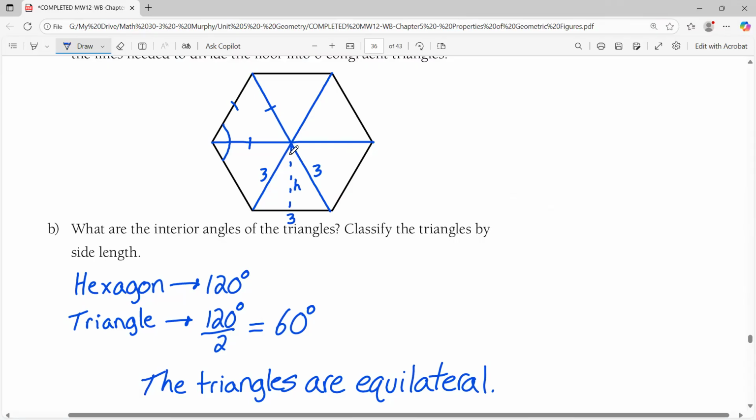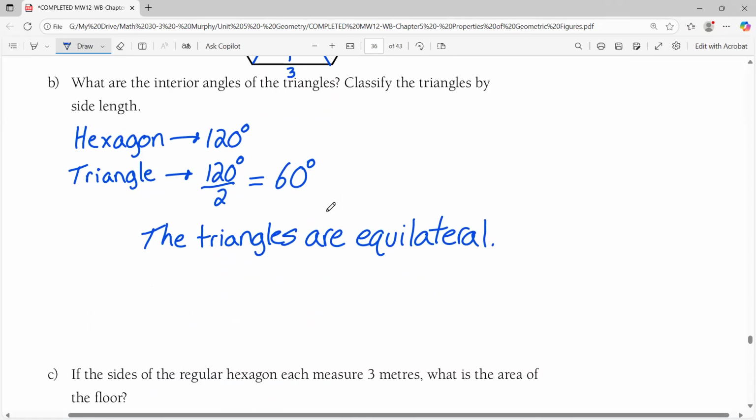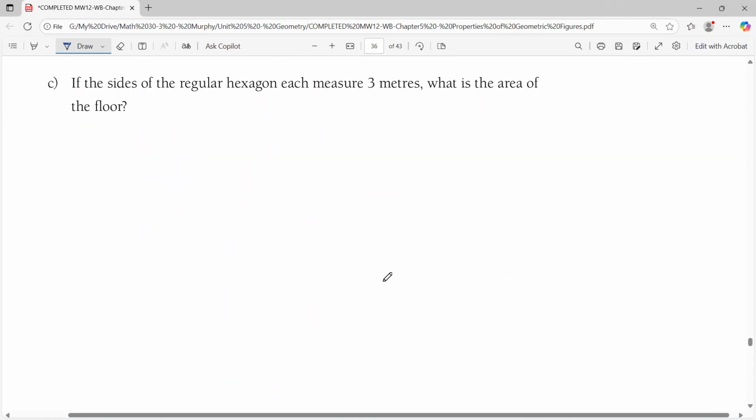And then what we'll do is find the area of the entire triangle and then multiply by 6. Okay. So step 1, I'm just going to show you half of it. So we got, if you split the bottom, it would come out to 1.5 because it's 3 across.